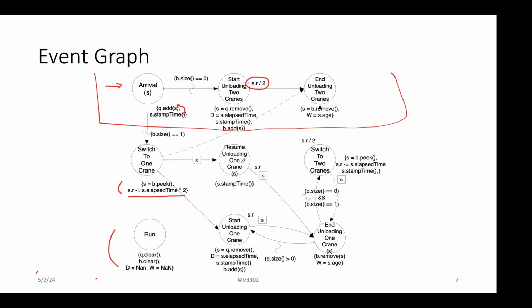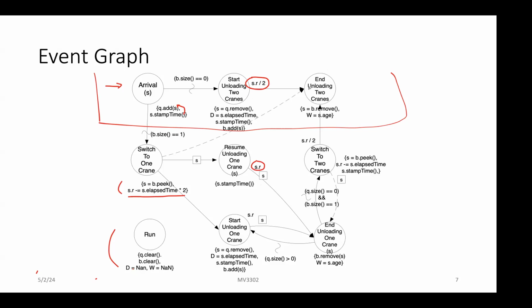Since it's the only one in the set, I can stamp its time without a problem. And so now I can schedule an end unloading with 1 crane, but I need to pass it which ship it is, and the delay is now just the basic service time instead of half the service time. So I'm scheduling that, passing the ship, because when I finish unloading with 1 crane, I need to know which ship it is.